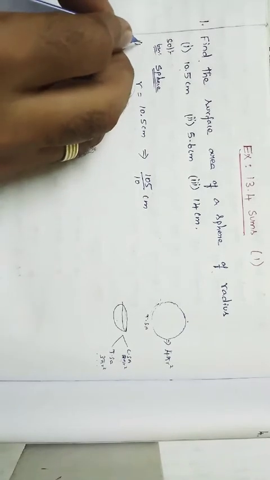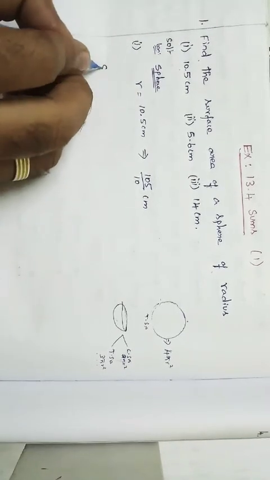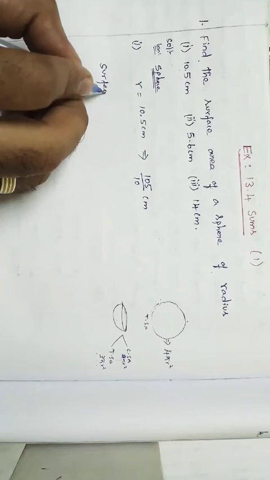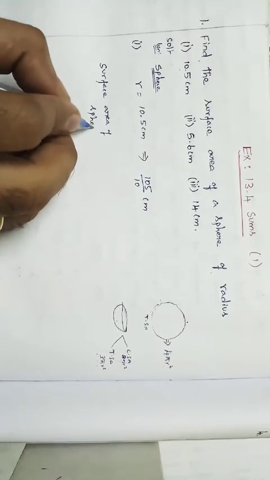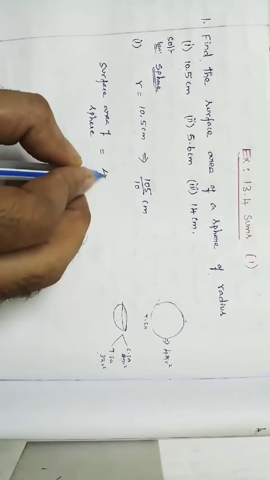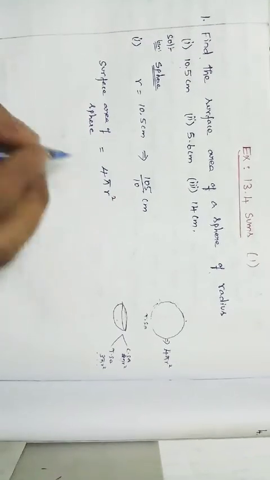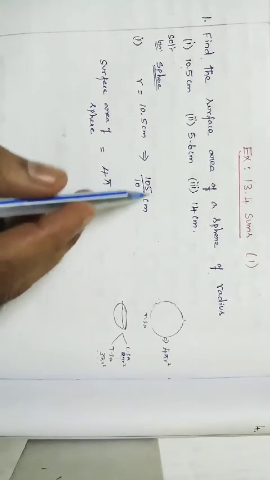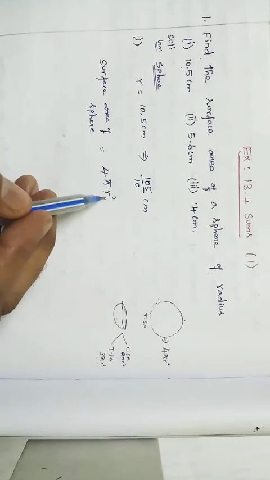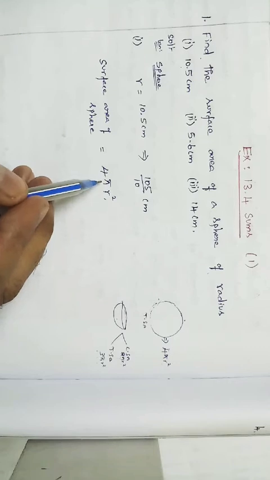Subdivision number 1, surface area of the sphere is equal to 4 pi r square. See whether r is a multiple of 7 or not. If it is not, then substitute pi equal to 3.14.